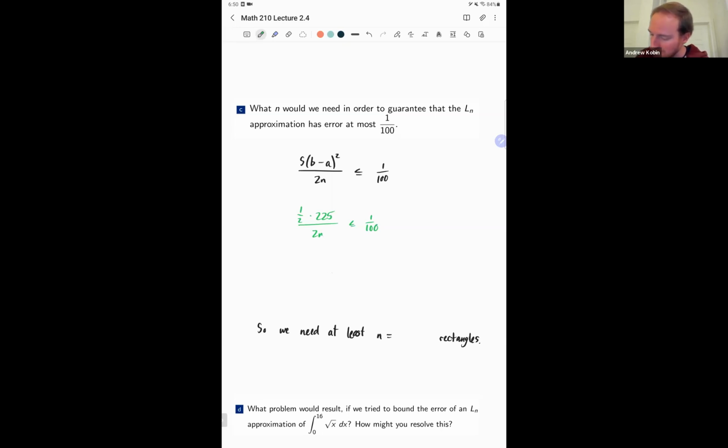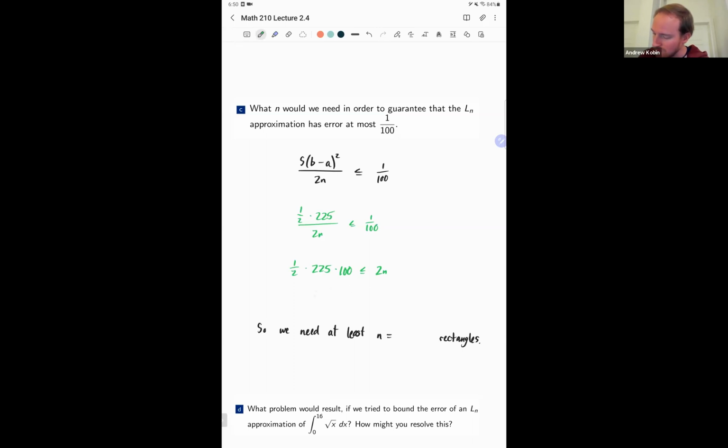If I multiply by 100, I'll get 1/2 times 225 times 100. I'm not multiplying these out yet because I'll do it in a moment. And then on the right, I'll get just a 2n. I could divide a 2 and get a 25 and multiply that by 225. If you're comfortable doing it that way, that would be good. But I think what I want to do is multiply the whole thing through by 100 first.